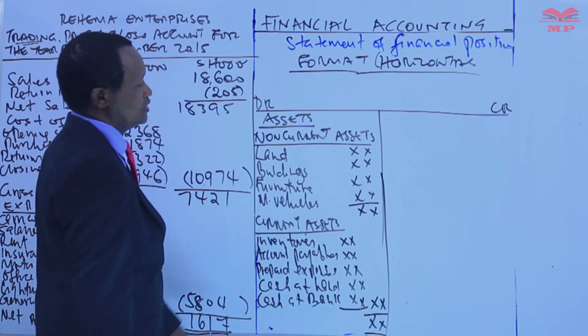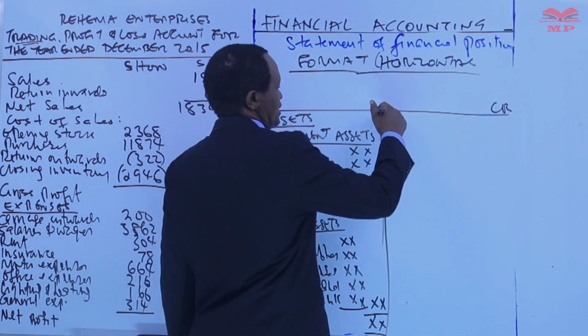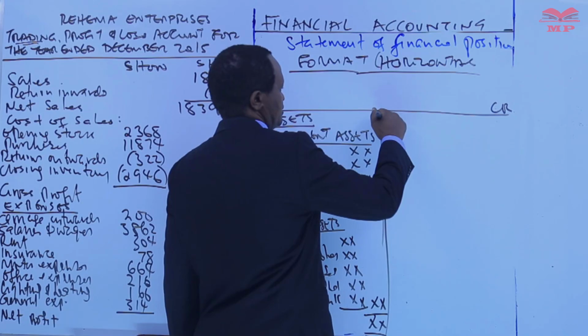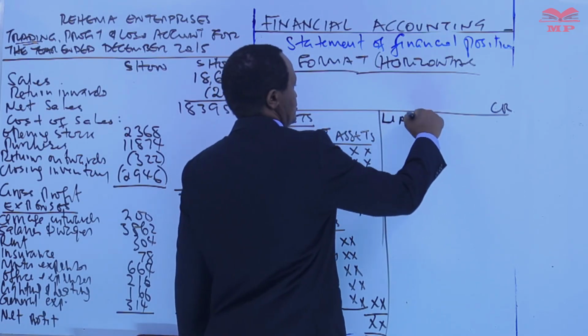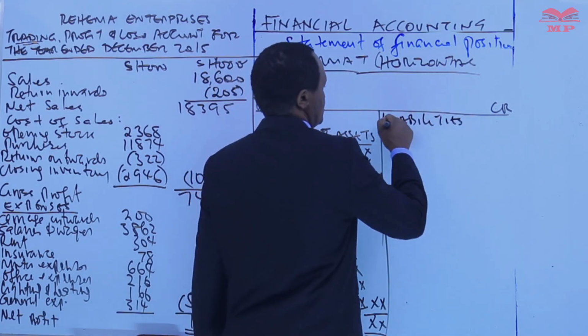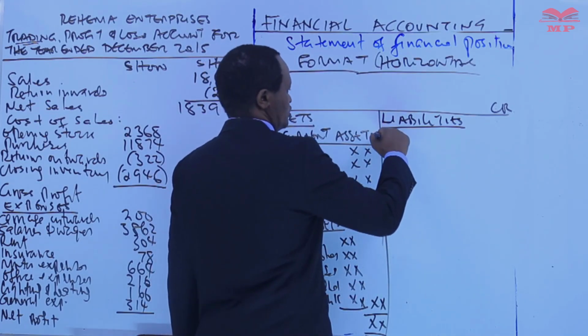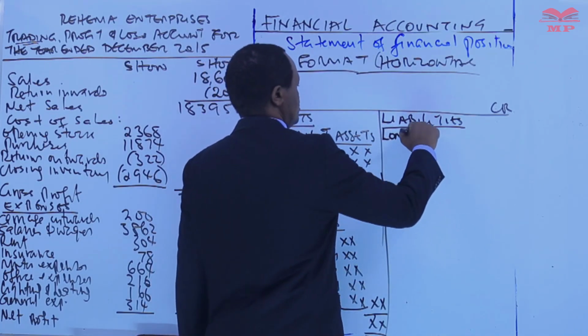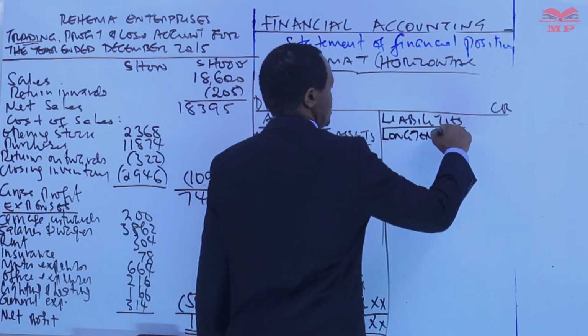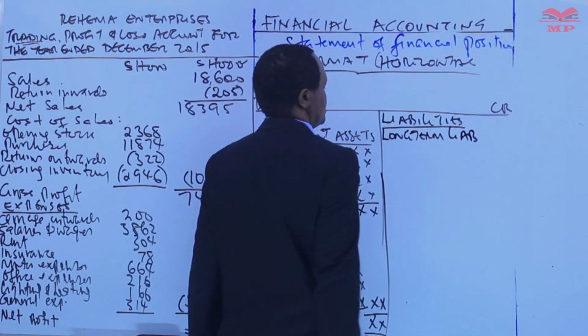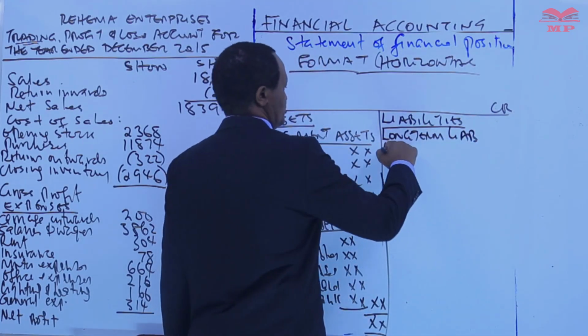Then on the credit side, we'll have liabilities. Again, for liabilities, we have long-term liabilities, like the long-term loans.